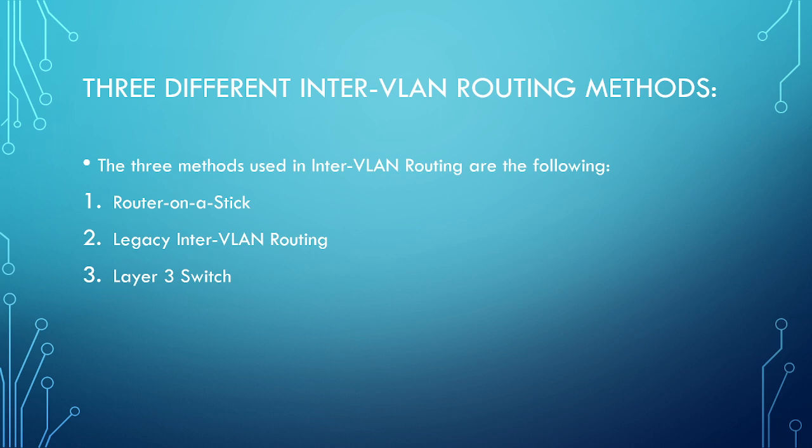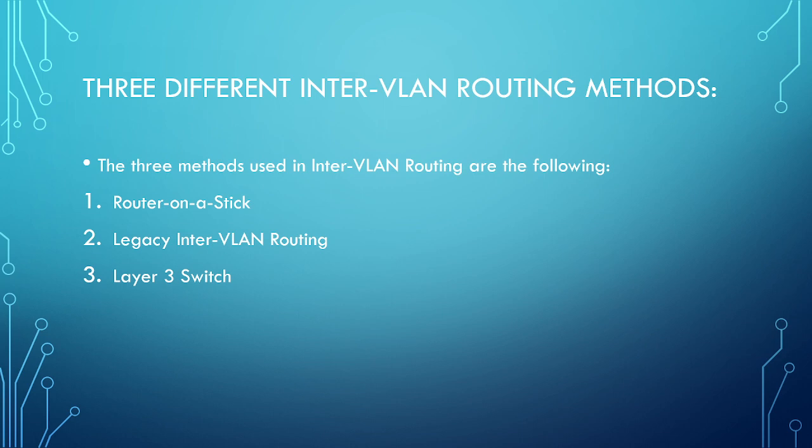It involves using a single physical router interface to connect to multiple different VLANs. The interface is configured as a trunk port, which allows it to carry traffic from all of the connected VLANs. The router will then forward traffic between the VLANs based on the VLAN IDs of the incoming and outgoing packets.